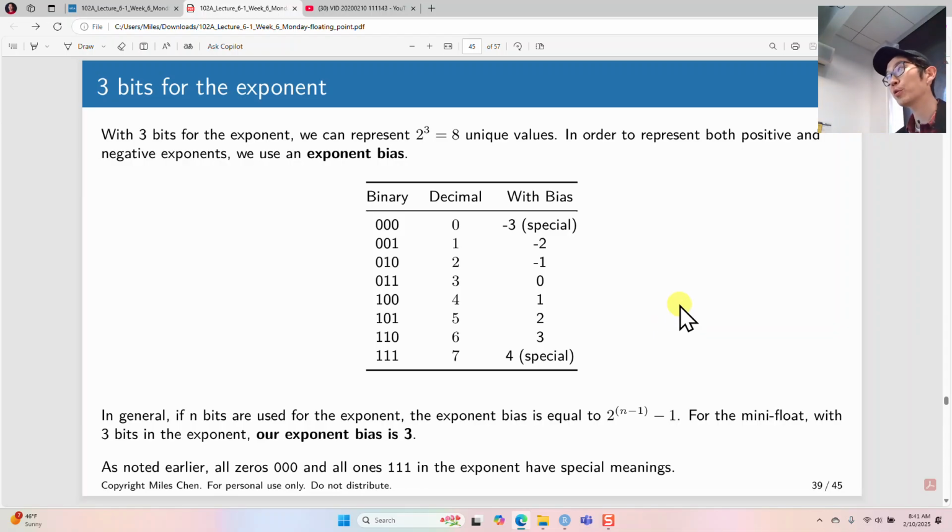Okay? We have 3 bits for the exponent. 3 bits for the exponent means we have 8 unique values that we can represent. Again, all zeros is a special case. All ones is a special case. Okay? So that leaves us with 6 values that we can represent. And again, half of those values will be positive, 1 will be 0, and then the remaining will be negative.